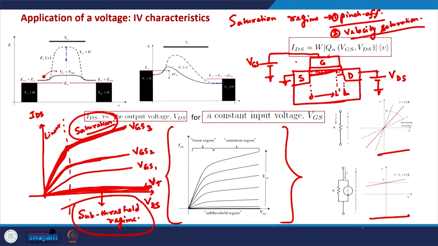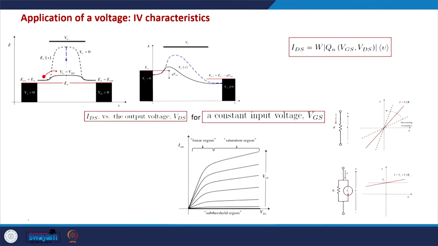I guess most of us would know that in semiconductors, typically if the electric field is more than 10 kilovolt per centimeter, then the velocity starts saturating.